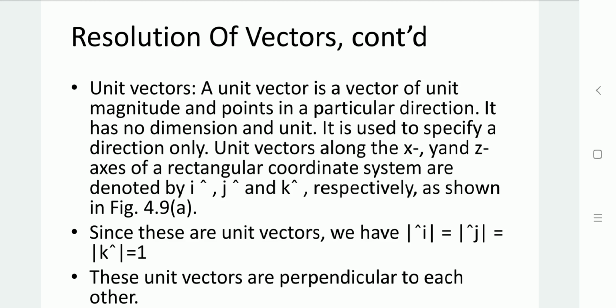These vectors are perpendicular to each other, as we know x, y, z, all these three directions are perpendicular to each other. So i represents the x direction, j represents the y direction and k represents the z direction. This is predefined and universally accepted.